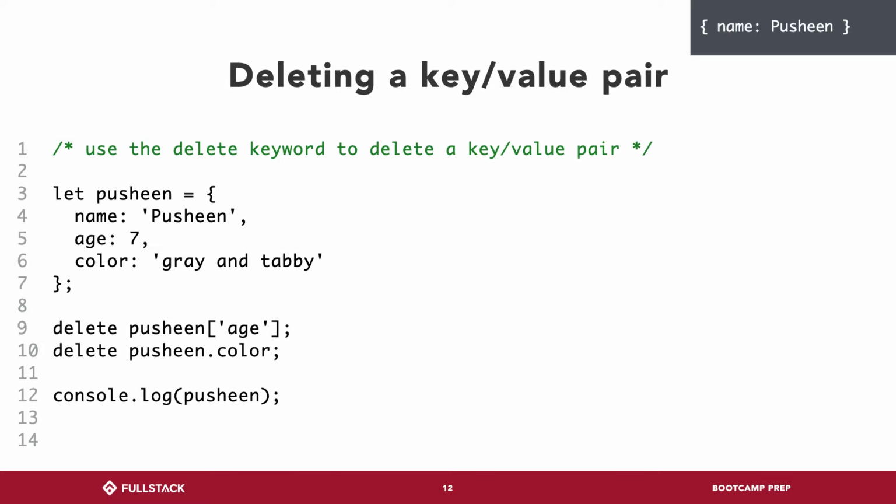So every time you're deleting, do you have to use that format, or could I have used machine.age? Yeah, because I'm doing machine.color here, so it's the same thing.